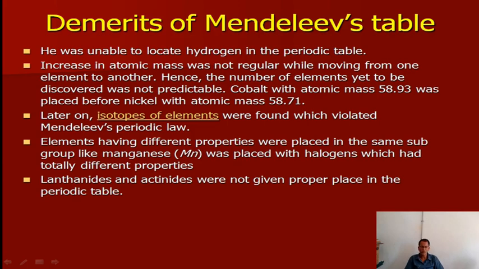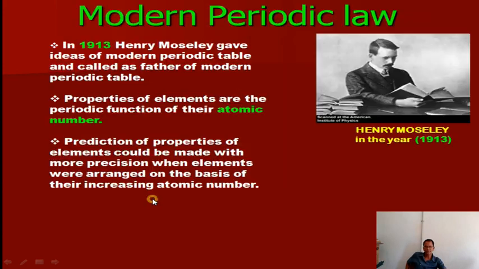So these are some drawbacks, and there is no particular position in the Mendeleev table for lanthanides and actinides. Lanthanides and actinides were not given a proper place in the Mendeleev table. So these are some drawbacks of the Mendeleev periodic table.